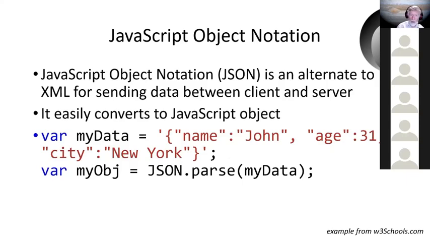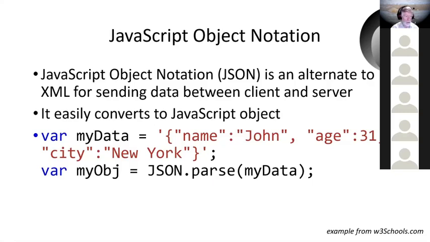In particular, an array. If you look at the example here, we have the variable myData, and the whole thing starts at this single quote, ends at the other single quote, and inside it's a bracket. So it's an array of 3 entities that are name value pairs.